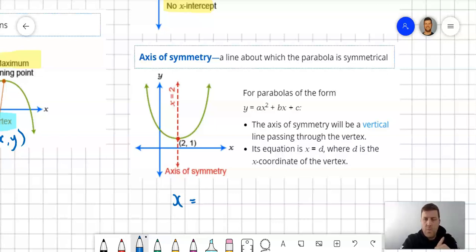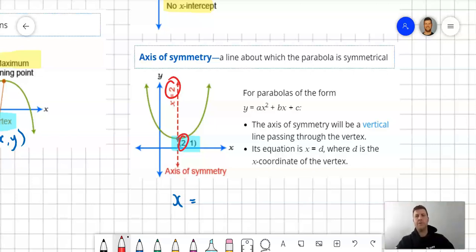Okay. One thing that's also prevalent here is that this is the coordinates of the vertex, 2, 1, x value 2, y value 1. The axis of symmetry will always be the same value as the x value in your vertex. Okay, so that's something to remember as well.